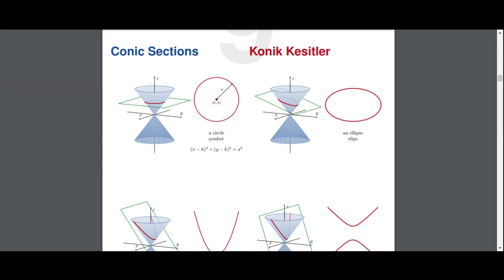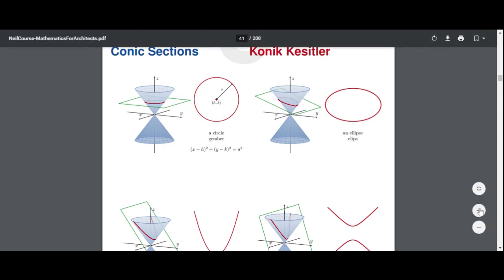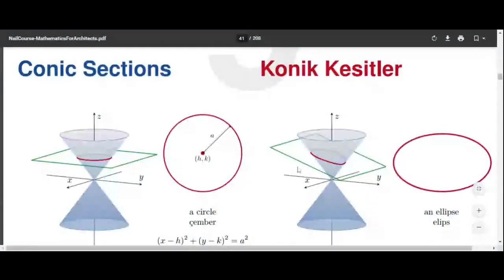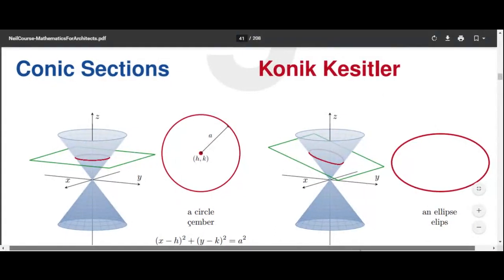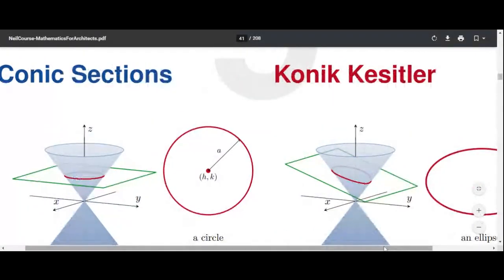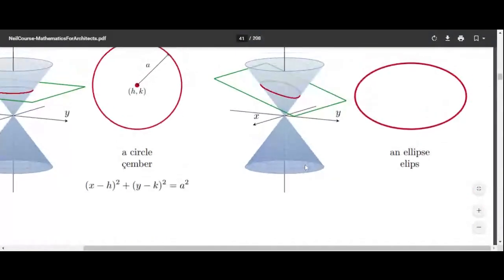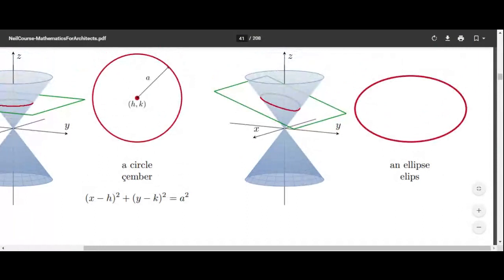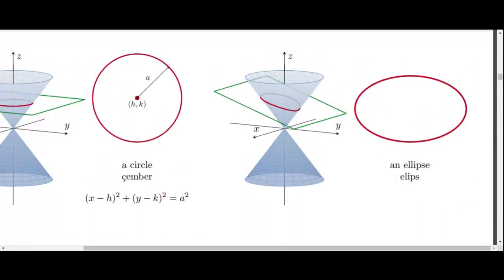Next, look at the second picture. If we take our double cone and we slice it using a plane which is sloping a little bit, we obtain an ellipse.